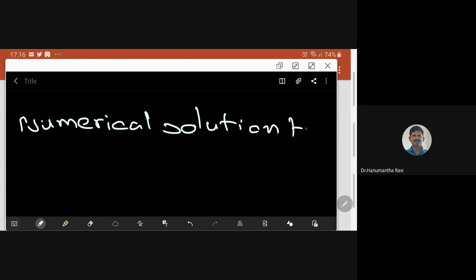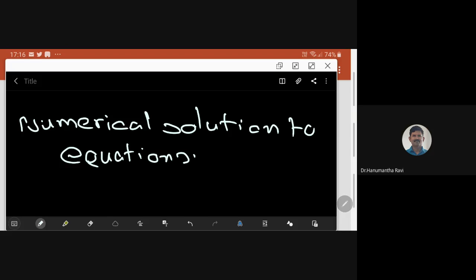The first one is numerical solutions to equations. Here, equation means algebraic or transcendental equations.